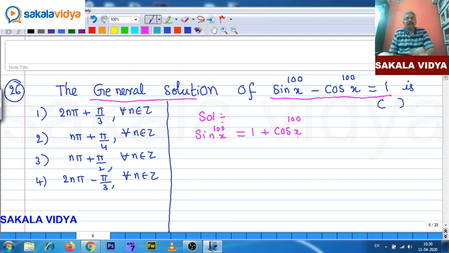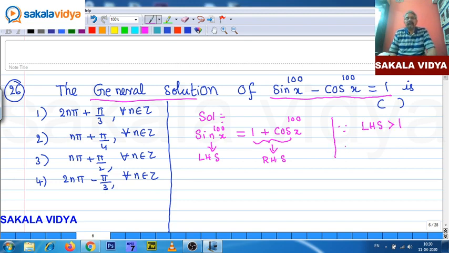If you observe, this is the left hand side and this is the right hand side. As cos x to the power of an even power is there, for all values of x the right hand side will be greater than or equal to 1.